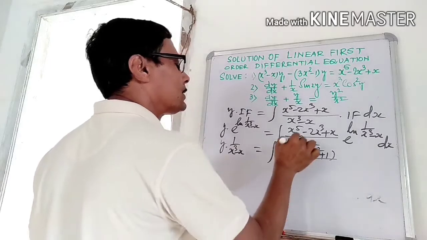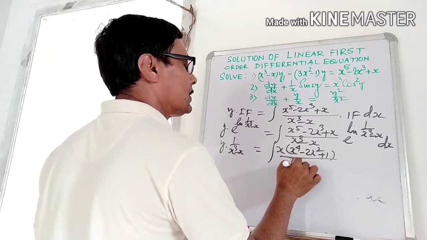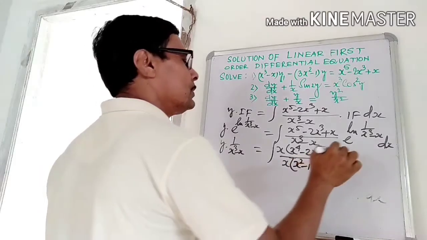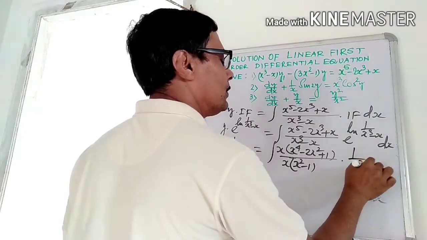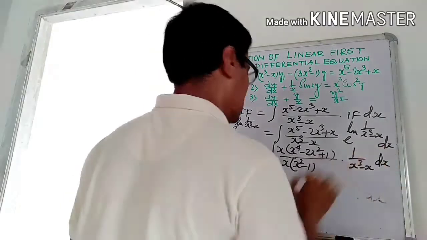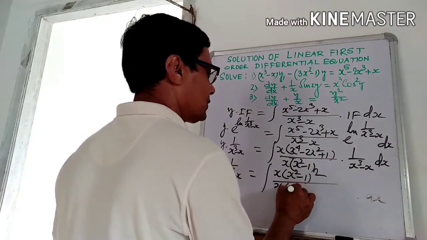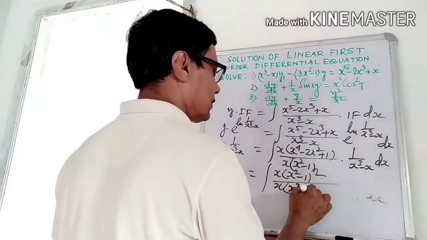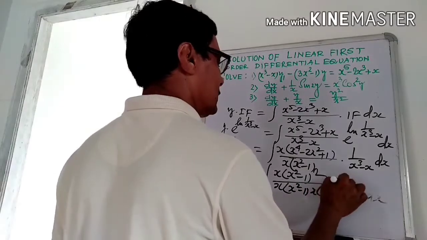After factorizing, we get x times (x² minus 1) times 1/(x³ minus x) dx, that is x times (x² minus 1) dx.